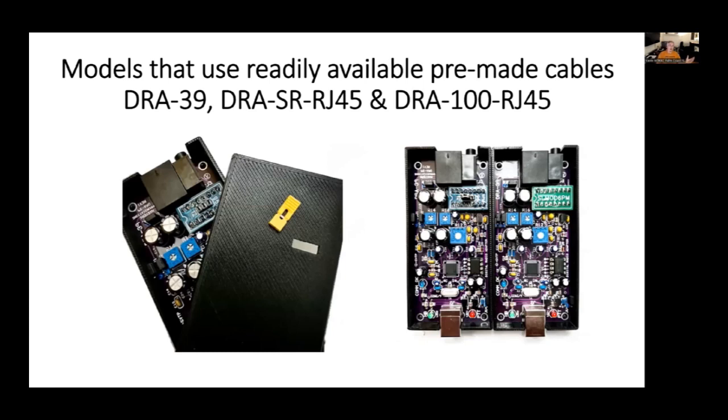So we've talked about DRAs and their compatibility maybe with other cables. In this case, the DRA 39 and the DRA SR RJ45 and the DRA 100 RJ45, obviously they all have RJ45 connectors on. The reason for that is we built a lot of DRAs up to this point, but we didn't have the compatibility with all of the different radios.